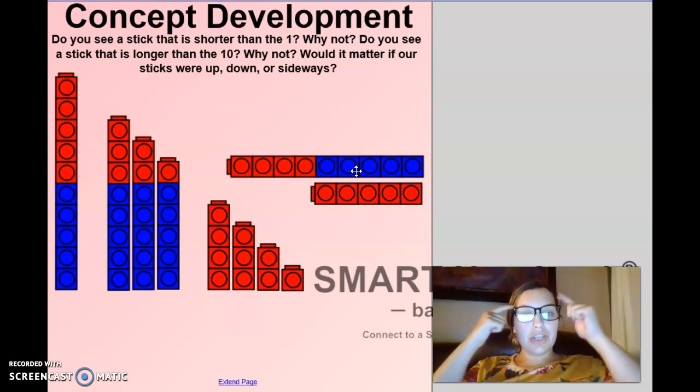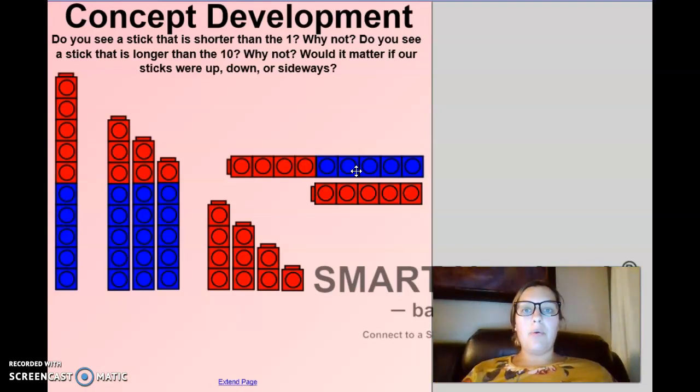I also love how you're starting to think about how many more we have when something's longer. Because eventually we're going to think about how many more, but we're also going to start to figure out how many less. So we're going to look at this 5 stick and say, how many cubes less is that than the 9 stick? And we're going to be able to figure that out.